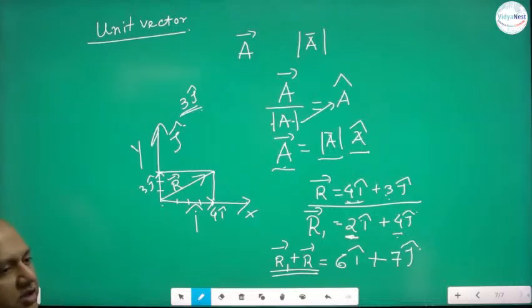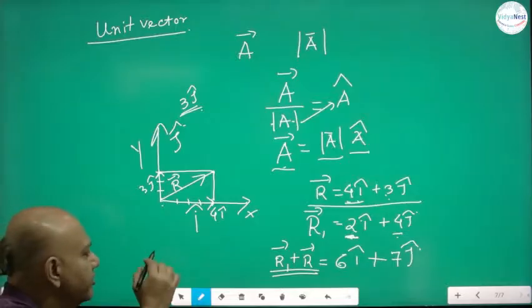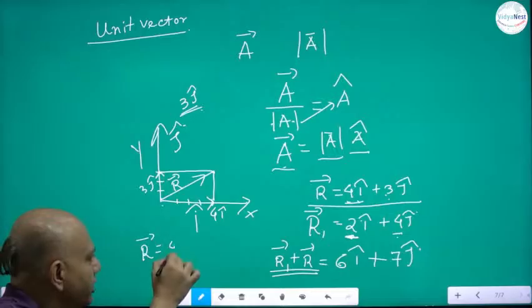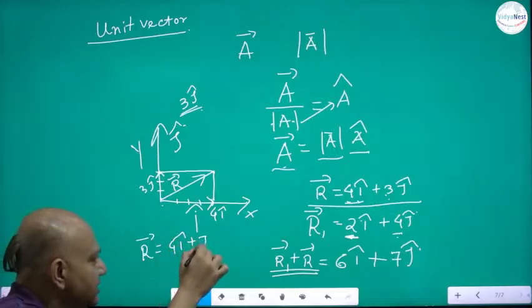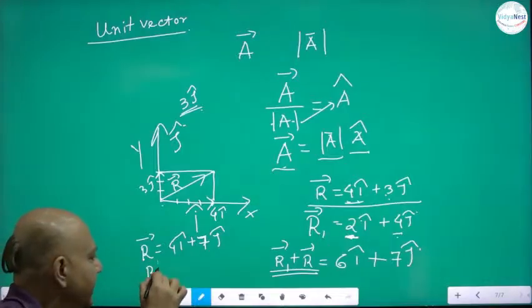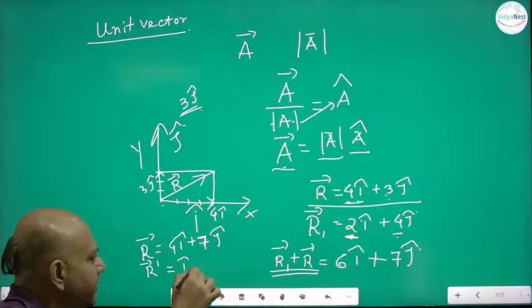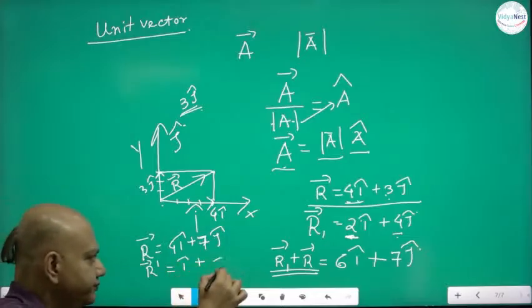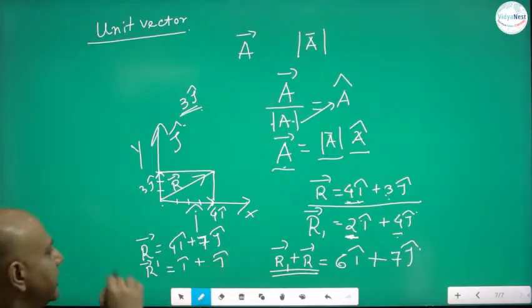So can you tell me, Saurabh, if I give r is equal to 4 i cap plus 7 j cap, r dashed is equal to i cap plus j cap, can you tell me the vector subtraction r minus r dashed?